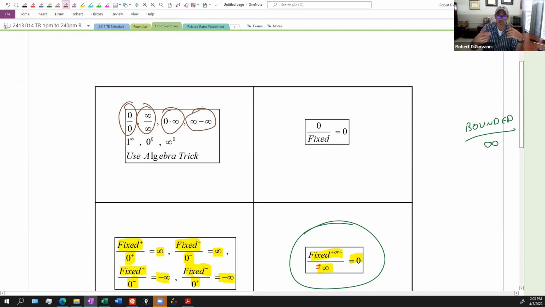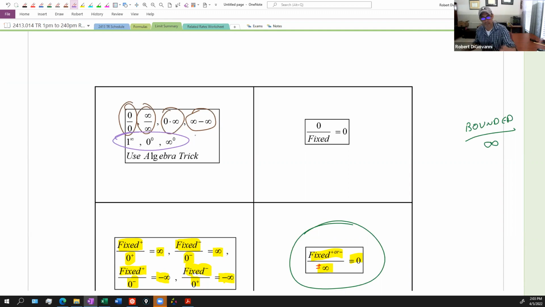Infinity minus infinity, that's one that we did where Robert said, let's put them together with a common denominator. That seemed to work, okay? We have conveniently avoided anything like this up to this point because those are the most involved. All right, so I'm ready to get into those now.